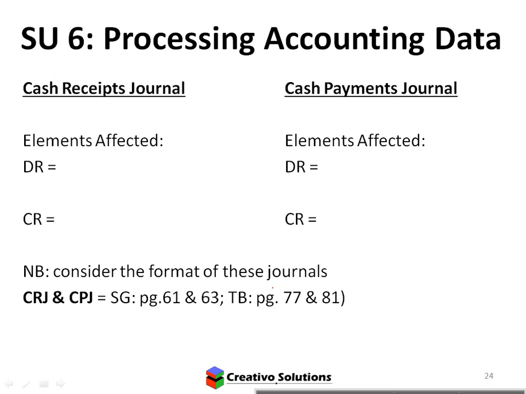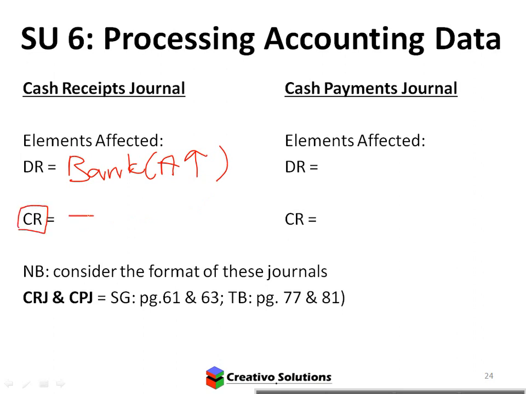Cash receipts journal. If I'm looking at transactions in the cash receipts journal, what is the business doing? Receiving cash or paying cash? Receiving cash. So when you receive cash, what do you do to bank? Increase the bank. So how do I increase the bank? Debit the bank. Let's write it in: bank, asset, increase. The credit could be for anything else.